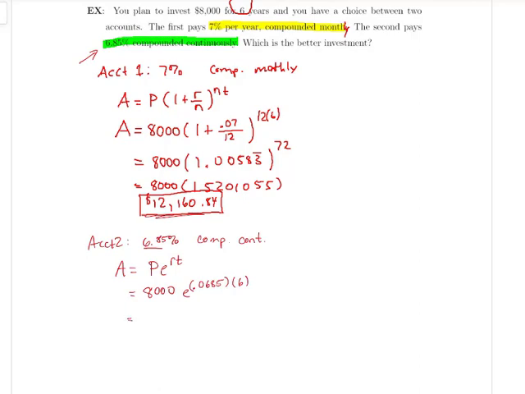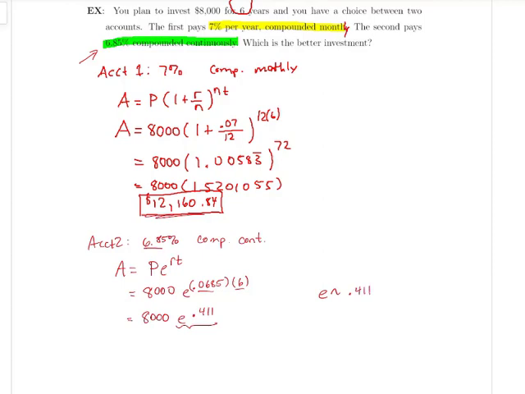So now I would go to my calculator. I'd do this piece by piece. So I'd start by multiplying 0.0685 times 6 in my calculator. I do that, I get 0.411. And then I'd take e to the 0.411 and calculate that. If I've got a graphing calculator or the type of calculator that types everything out on the screen and then I hit equals to do all the calculations, I do e raised to the 0.411.